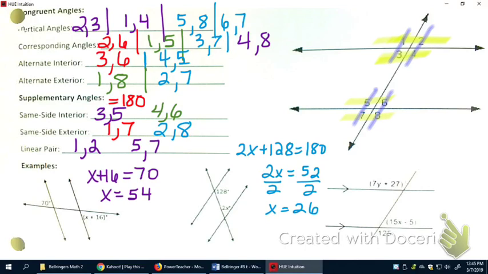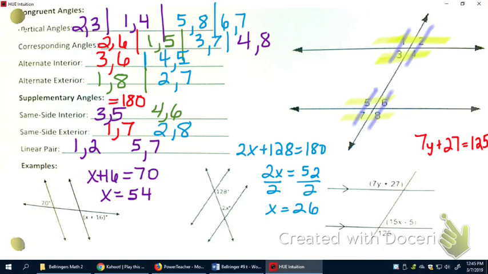Alright, well, we got to find x. So what about these two, the 125 and the 15x? What do I know about those two? They equal 180 because they're a linear pair. Okay, so I'm going to start with the y, and we're going to find y, and then we're going to do something with that linear pair. Alright, so we're going to do 7y plus 27 equals 125.